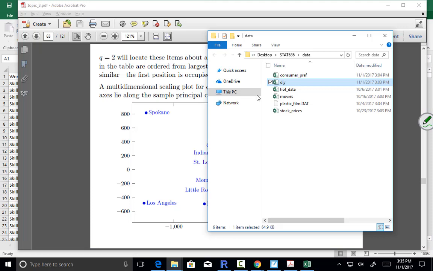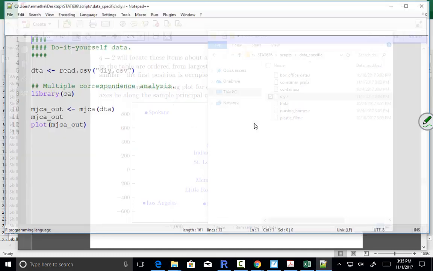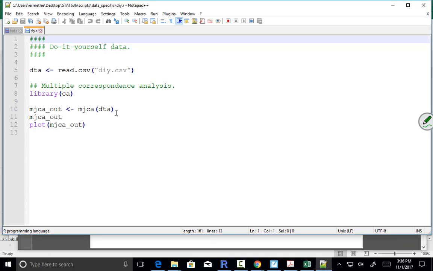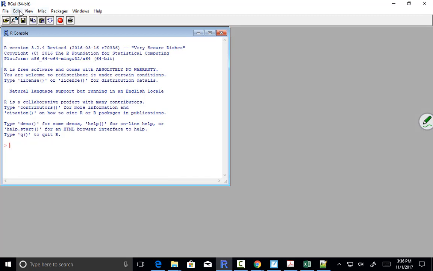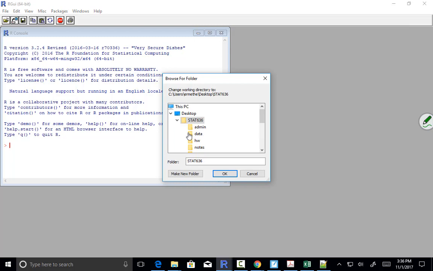So let me go get the script, diy.r, and come over here and load the data in.